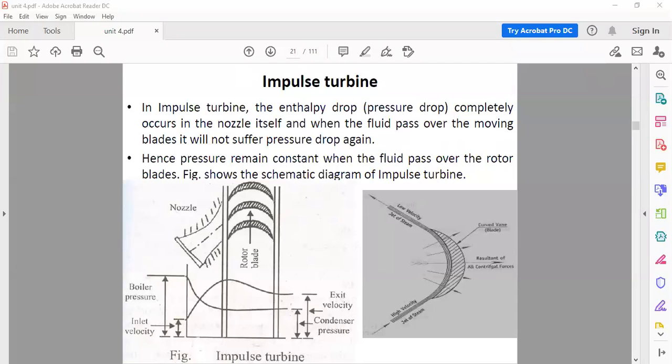Using this kinetic energy, our blades rotate clockwise or anti-clockwise, depending on the situation. So it is a simple phenomenon: pressure energy is converted into kinetic energy in the nozzle, and very high velocity steam impacts on the blades. That's why we are getting more force.